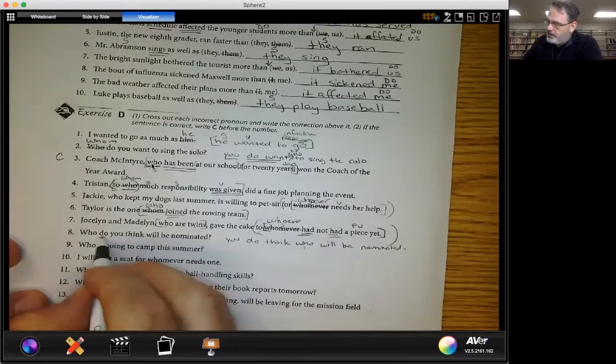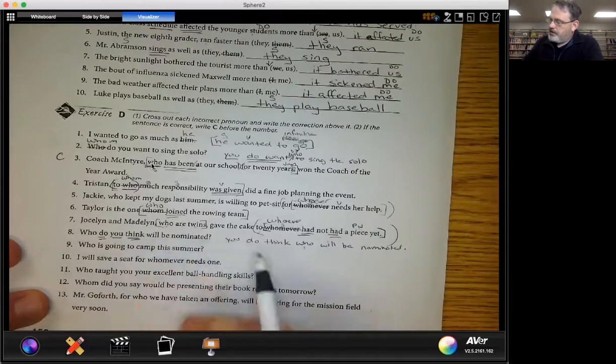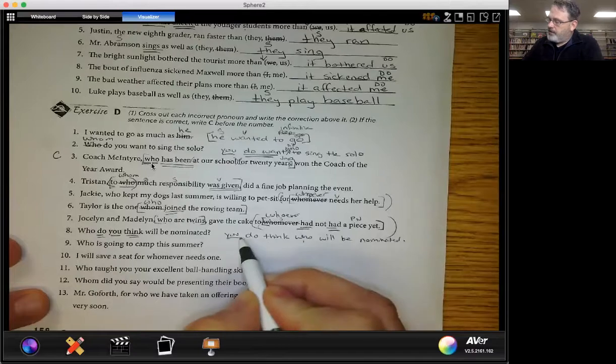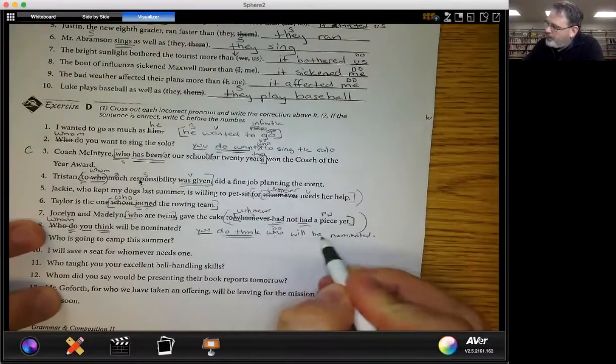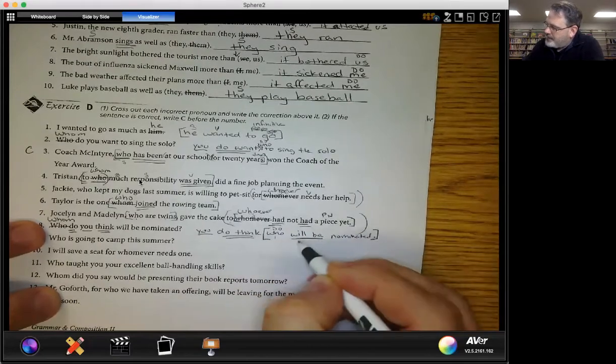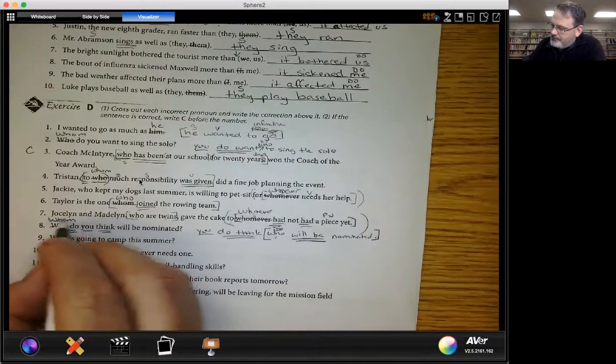So do think is the verb, you is the subject, who is the direct object, right? Subject, verb, direct object. Who will be nominated is a clause, isn't it? That's a subject. That is correct.